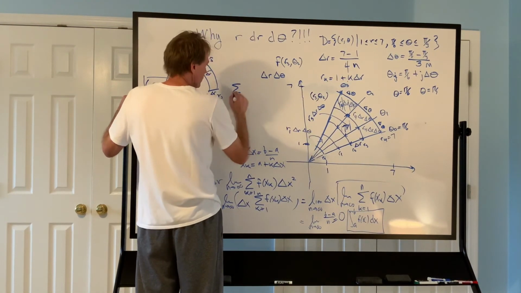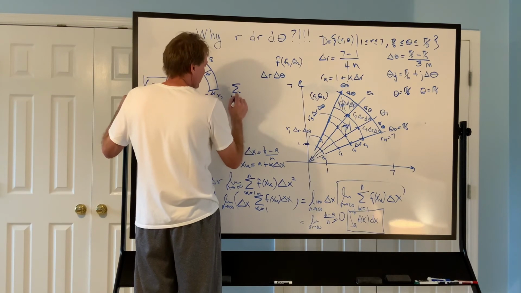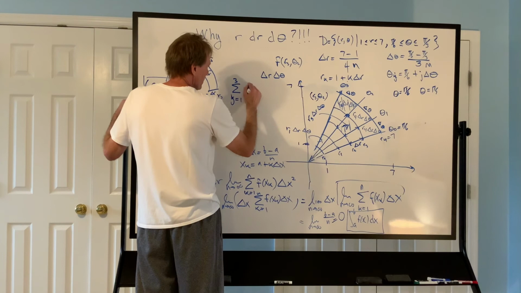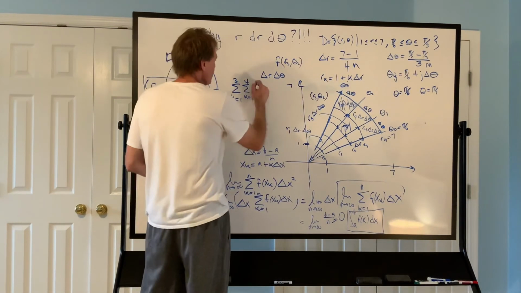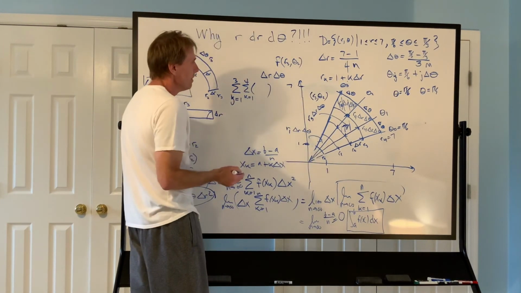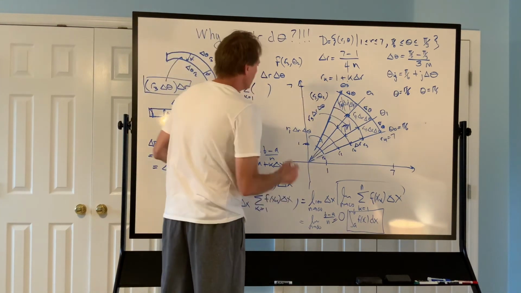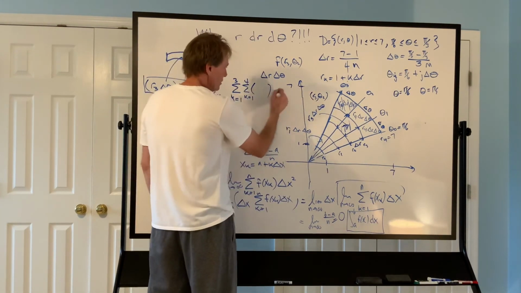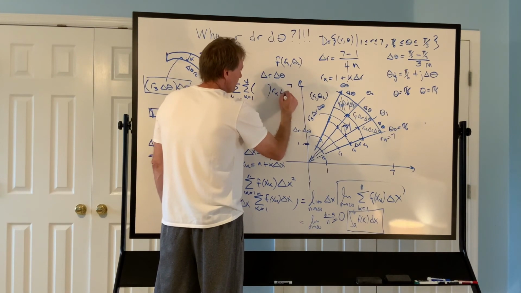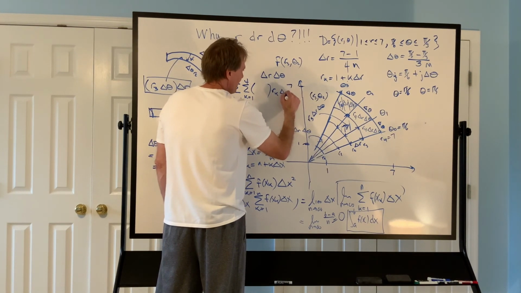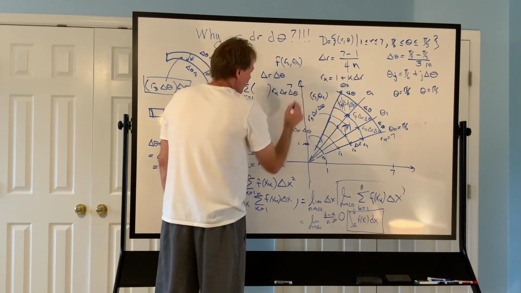It's much easier to write it as j goes from 1 to 3, a Riemann sum as k goes from 1 to 4. That's how many pieces we chop that into. We're going to have some function in here, but then we're going to have our areas, which is going to be, well, you can see, an r_k delta r delta theta.